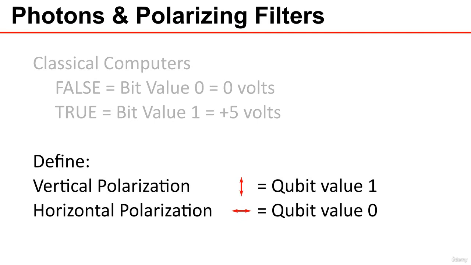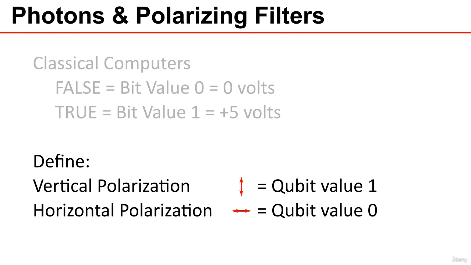In quantum computers, we have quantum bits or qubits. I had mentioned earlier that photon polarization behaves exactly like qubits. So let's define vertical polarization to represent a qubit value of 1 and horizontal polarization to represent a qubit value of 0.